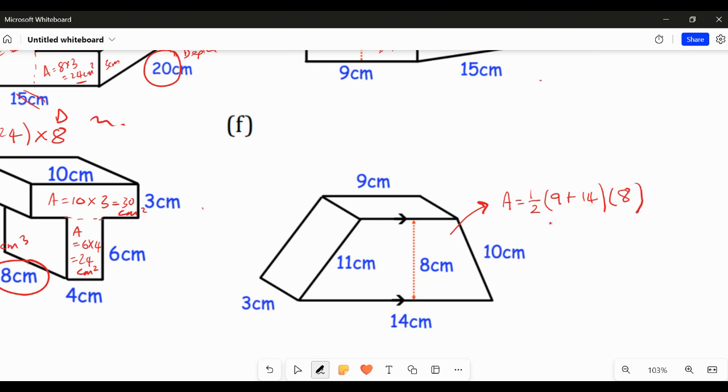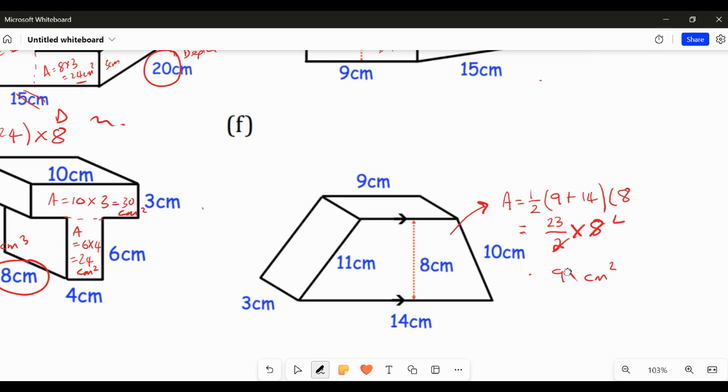So this is going to be 23 divided by 2 multiplied by 8. And 2 will go into 8 4 times. 4 times 23 will be 80 plus 12, which is 92 centimeters squared.